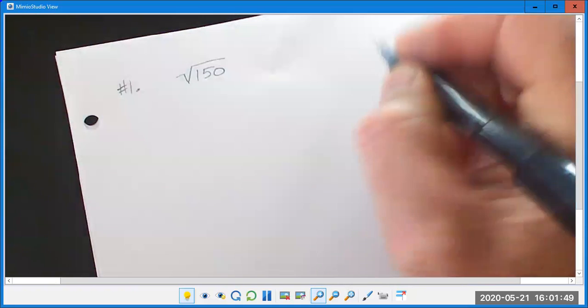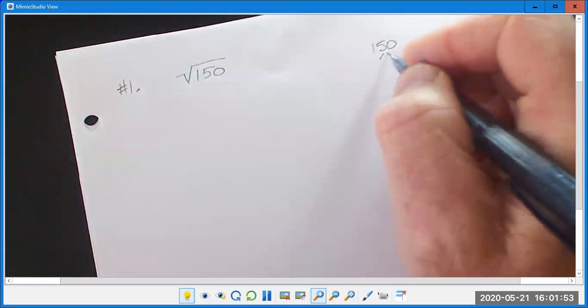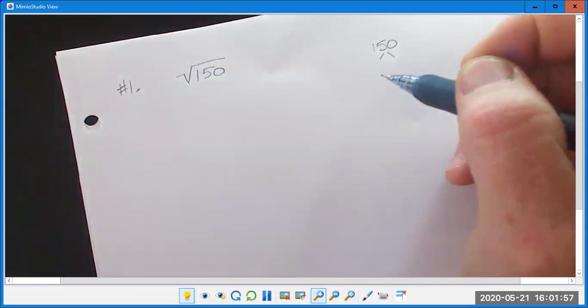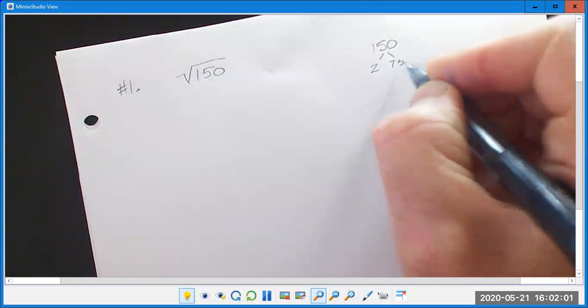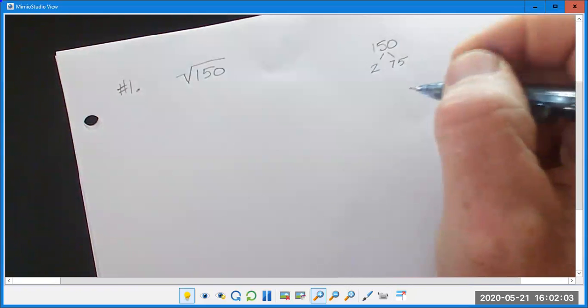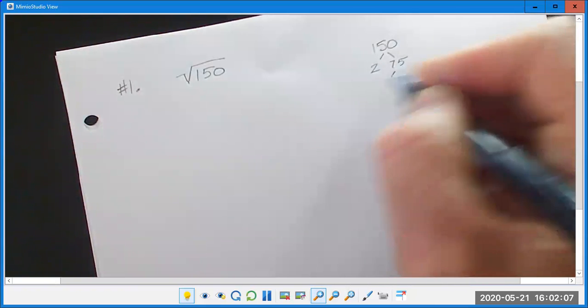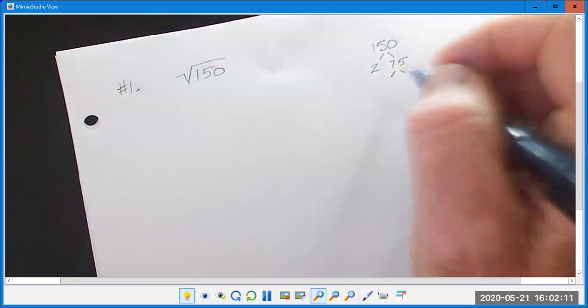Now, if I were to do a factor tree, when you have an even number like 150, you can always start with 2. So that's going to be 2 times 75. There's nothing else I can do with 2, so now I break this down.